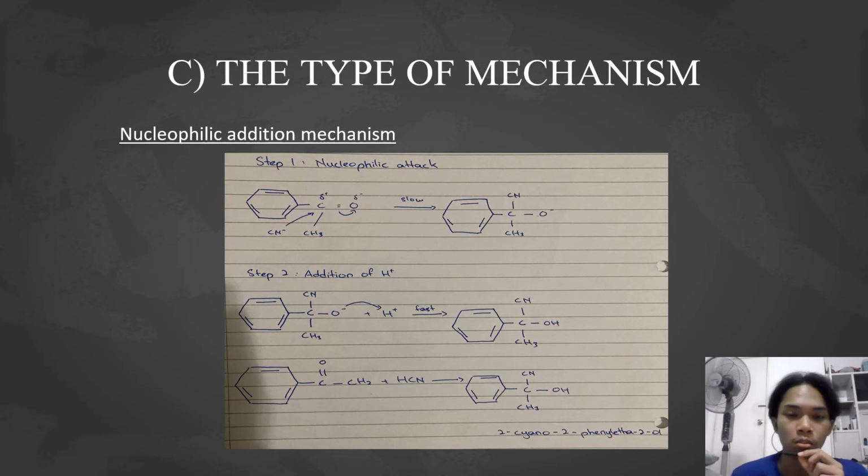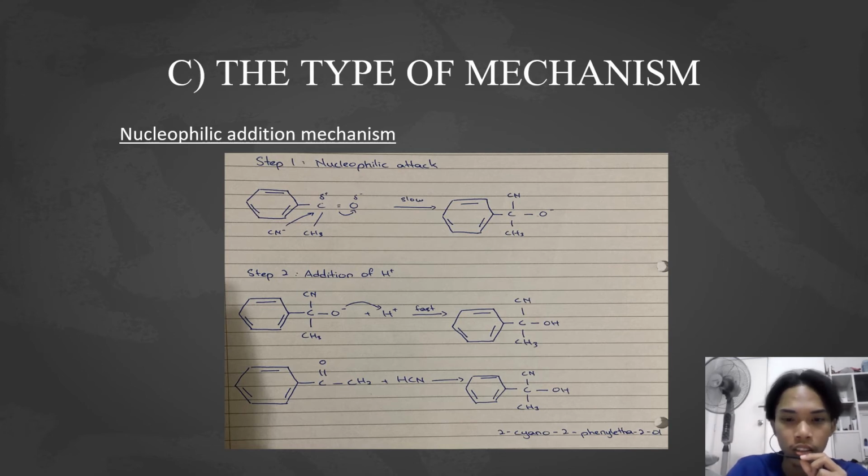Assalamualaikum warahmatullahi wabarakatuh. For the next slide, I'll explain the nucleophilic addition mechanism. First step, the cyanide ion will attack the carbonyl group from below. It attacks the positive part of the carbonyl group, which is carbon. Then the double bond will shift its electrons to oxygen since oxygen is more electronegative than carbon.